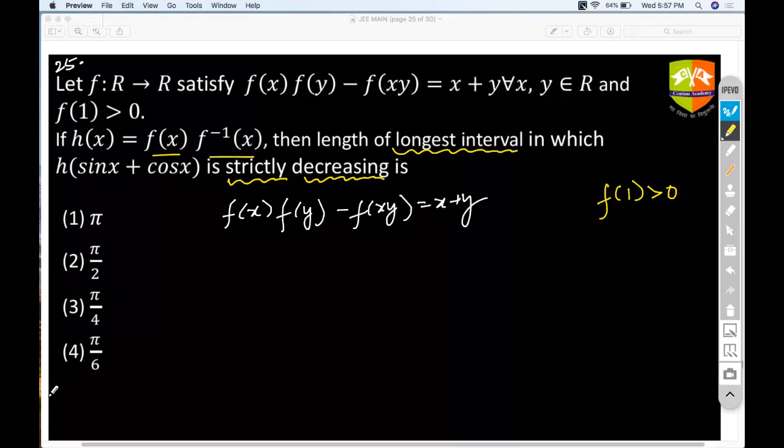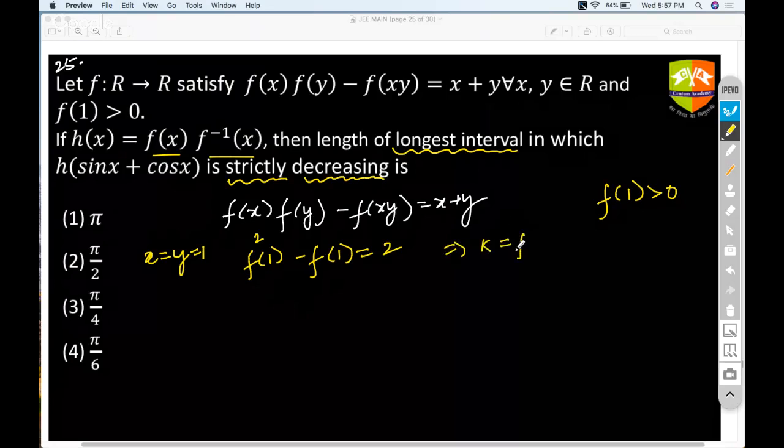Okay, so see here, first of all, in order to figure out what is my f of x, I would like to first find out what is the value of f of 1. So let's put x and y both as 1 in this. So f of 1 square minus f of 1 is equal to 2. Right? So this gives me a quadratic in f of 1.